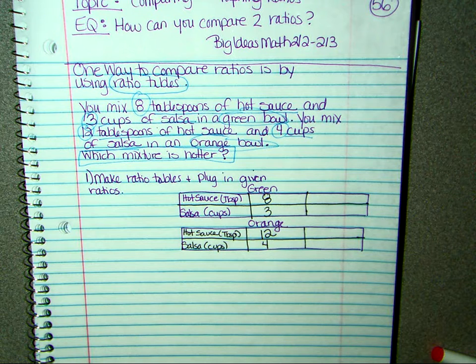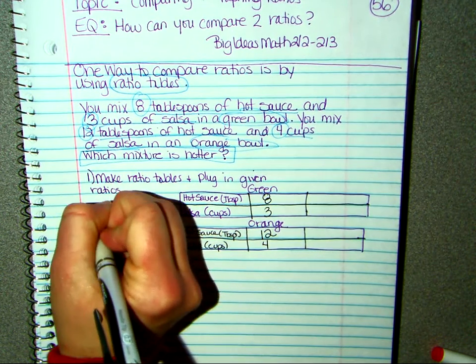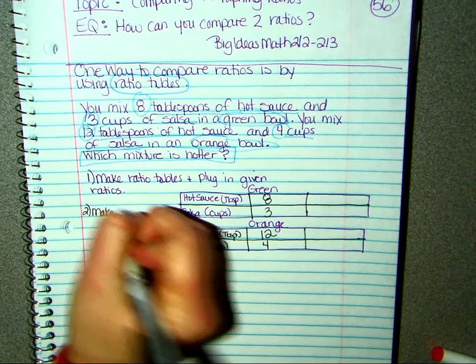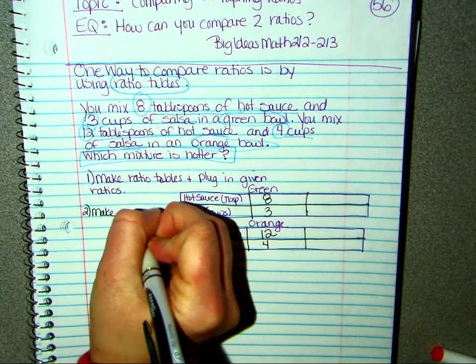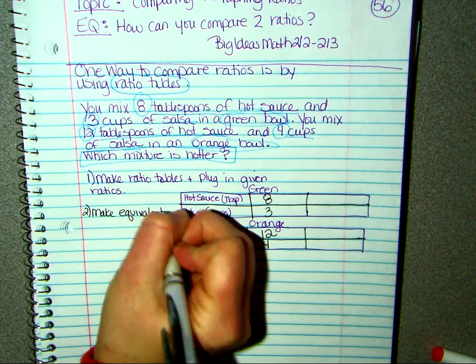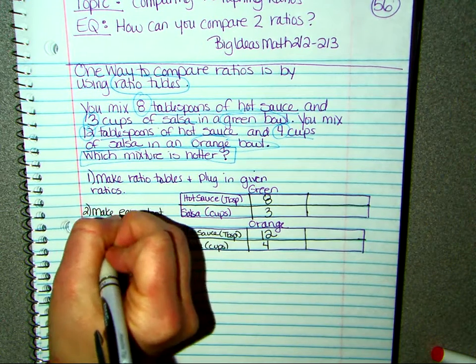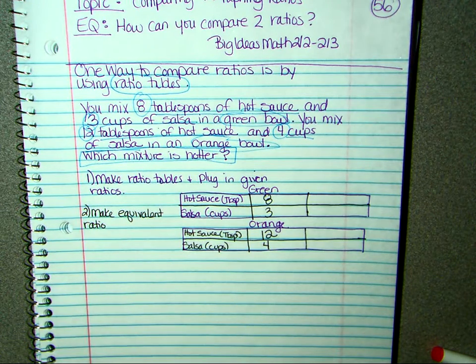Awesome. Our next step is we are going to make equivalent ratios for each table. So make equivalent ratios, which are ratios that have the same value.